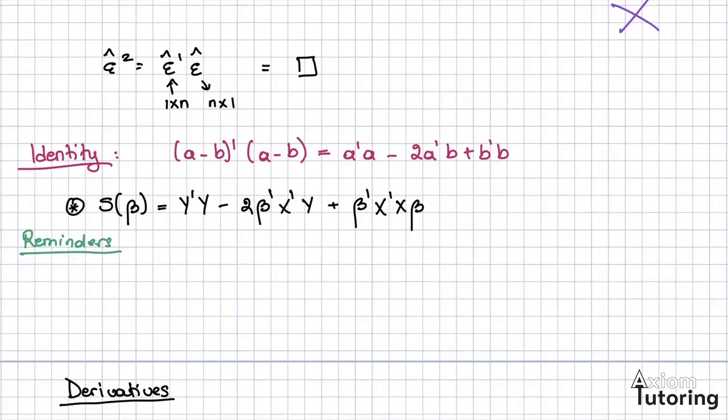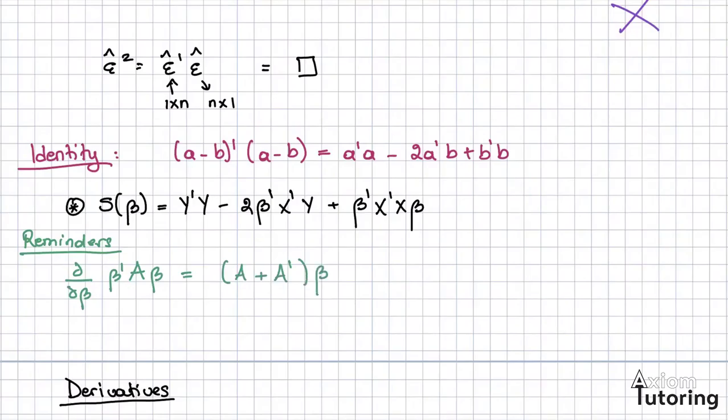The first reminder is related to a matrix calculus fact that says that the derivative of this expression with respect to beta, or of this following expression, so beta transpose A beta, whatever matrix A times the beta vector, is equal to simply the A matrix plus the transpose of it times beta.